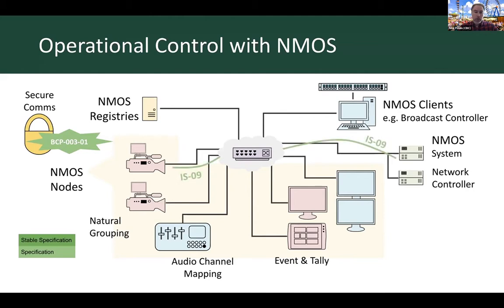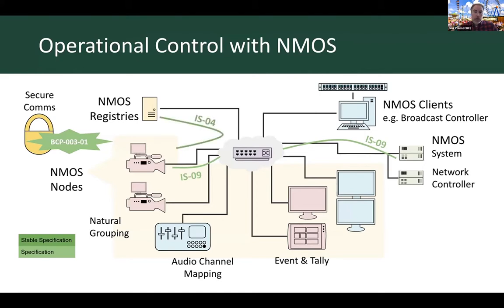First step would be that once a device is booted up on the system and is reachable on the system, it will want to get some common parameters. PTP parameters are common across the system. Information about the NMOS registry are common parameters. So it is via IS-09 that all the devices can get this automatically.